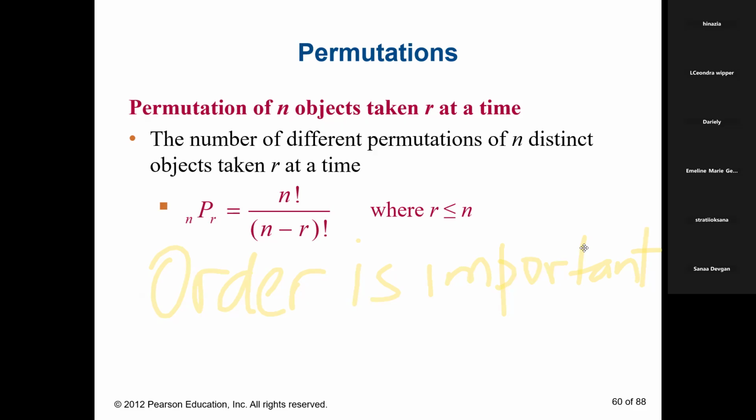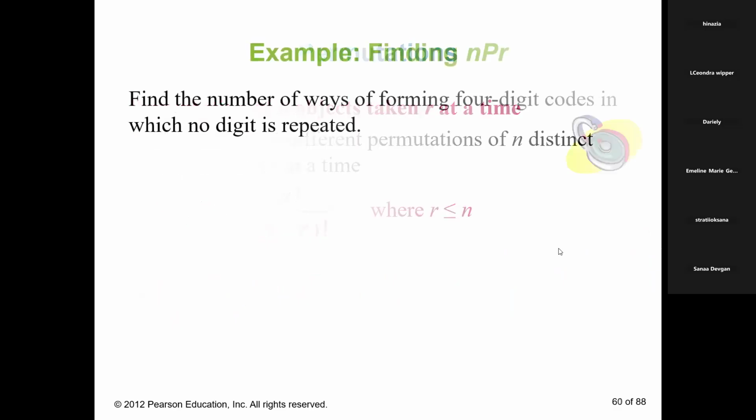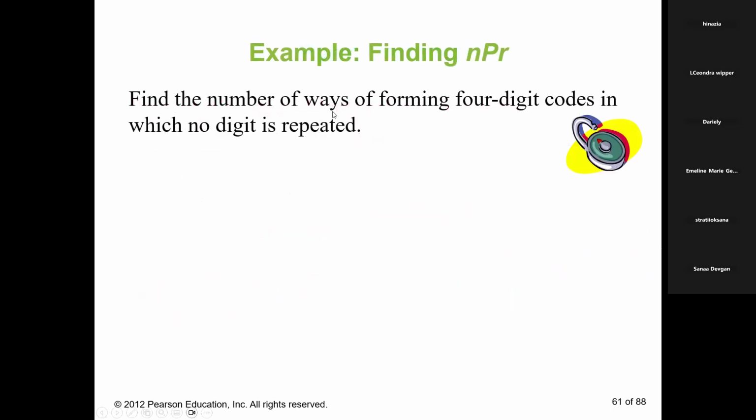All right, let me show you some examples of how you can calculate the number of permutations. Very simple. Find the number of ways of forming 4-digit codes in which no digit is repeated.